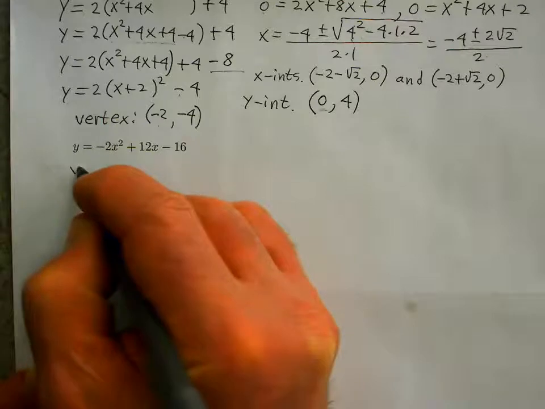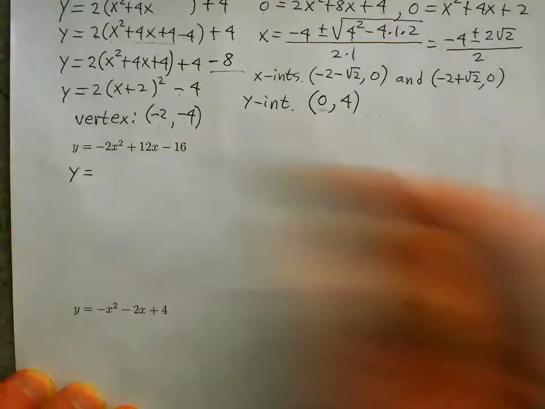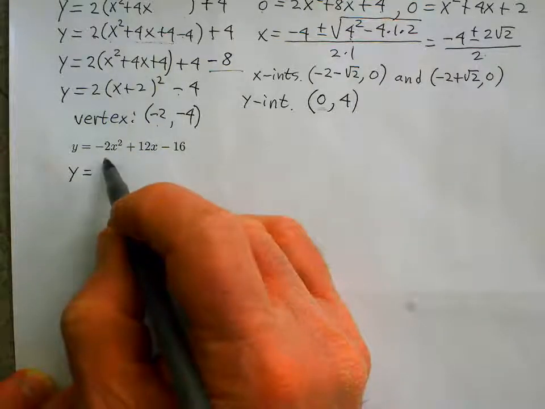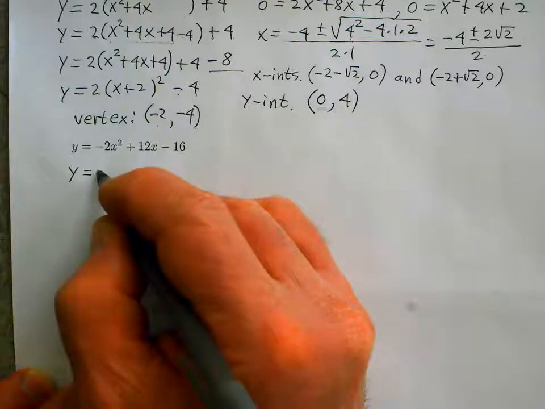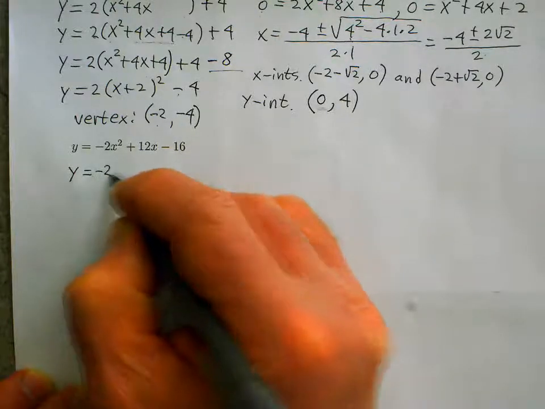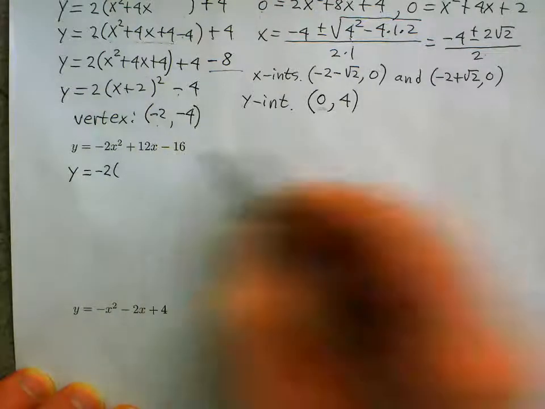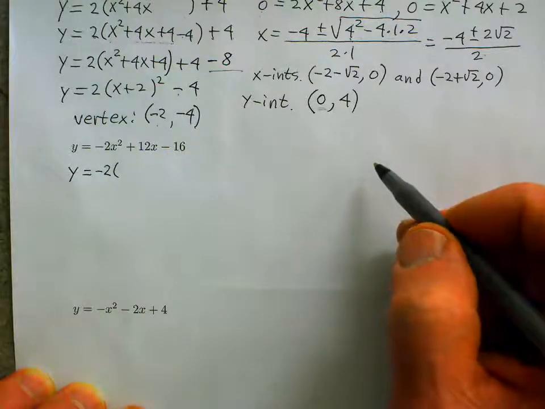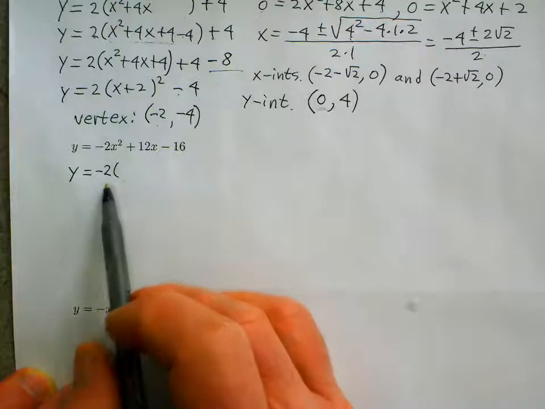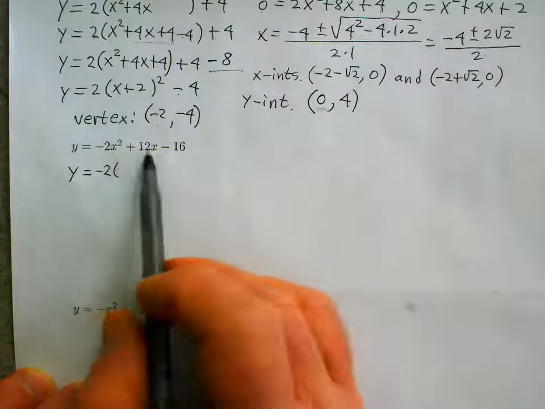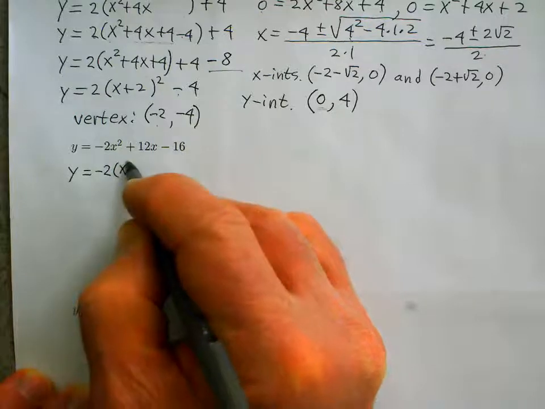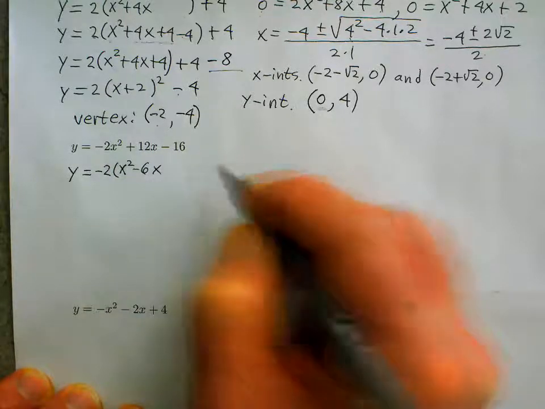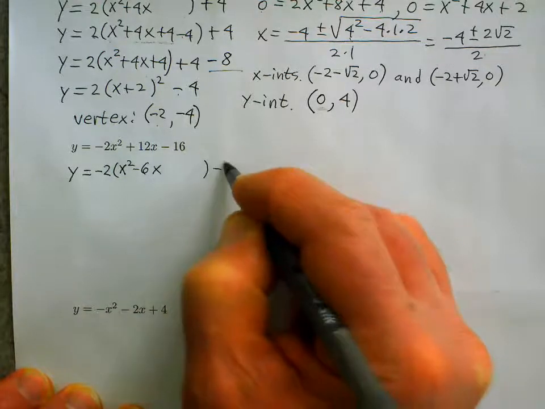So we get y equals, we factor -2 out of the first 2 terms. We leave the minus 16 outside. So factor -2 out of the first 2 terms only. And when we do so, we get x squared minus 6x, and then the minus 16 on the outside.